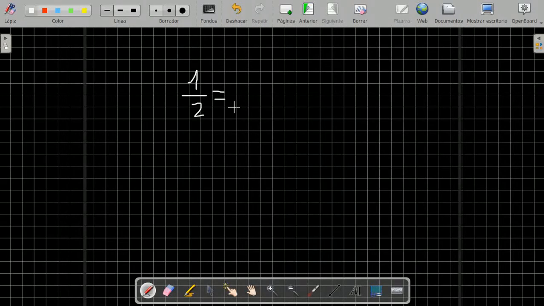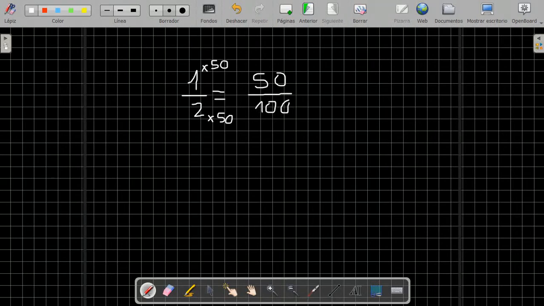In this case, 2 multiplied by 50 will give you 100. And remember, if we multiply the denominator by a number, we have to multiply the numerator by the same number. So in order to get an equivalent fraction, 1 times 50 is 50, and 2 times 50 is 100.